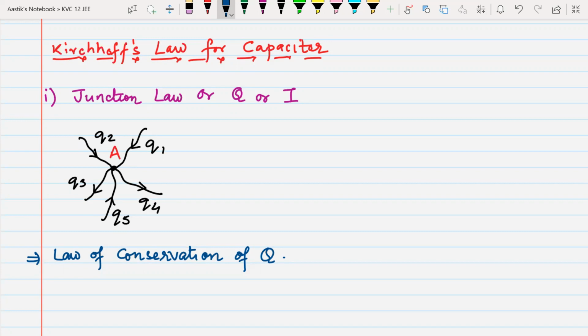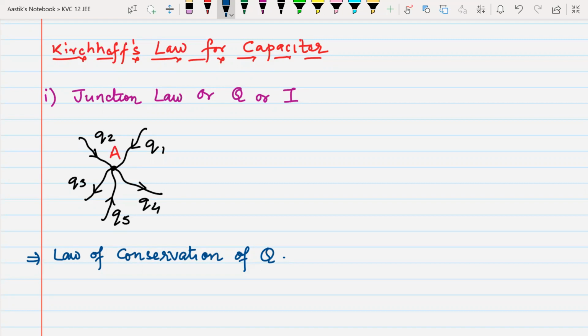Yes? Everyone is there in the class, no? Yes, sir. Tell me. What will be this junction law or charge law or current law? It is based on the law of conservation of charge.